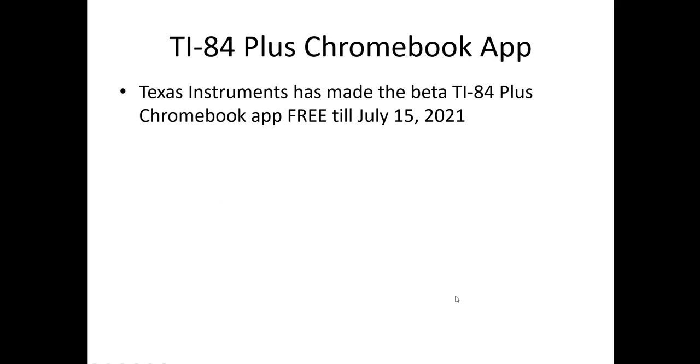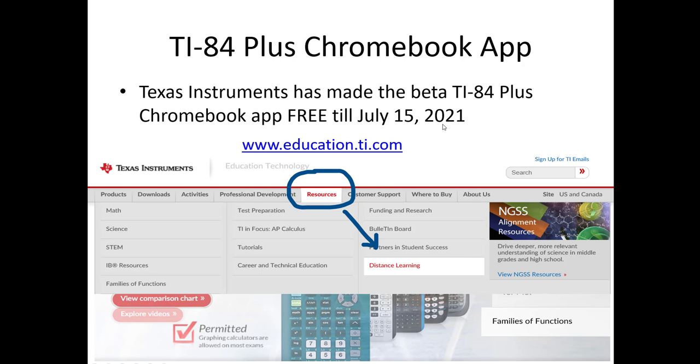That being said, Chromebooks are the new fad. It's a craze. The TI 84 Plus Chromebook app was made when COVID hit. Texas Instruments has made the beta TI 84 Plus Chromebook app free until July 15th, 2021. How do I get it? You go to www.education.ti.com.